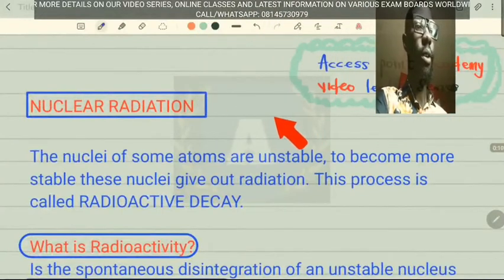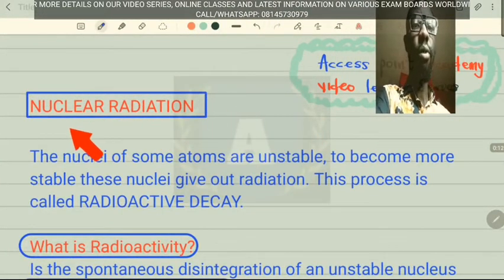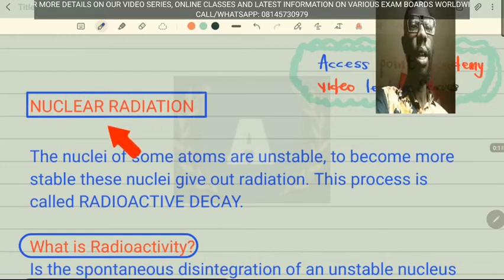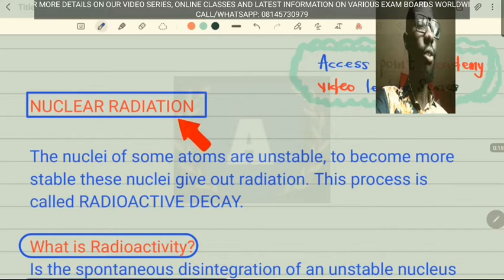And in our video series today, we shall unravel the concept that has to do with nuclear radiation. Now quickly, the nuclei of some atoms are unstable. So therefore, to become more stable, these nuclei give out radiation.